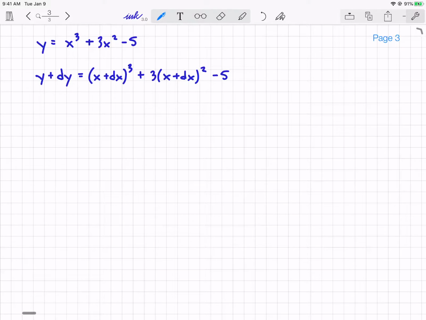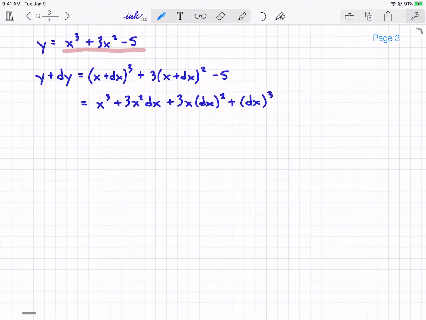Now I've got to expand the right side, and ultimately I should find x cubed plus 3x squared minus 5 in that result. So I get x cubed plus 3x squared dx plus 3x dx squared plus dx cubed. You notice these dx squareds and dx cubes are quite small, because when you square an infinitesimally small unit, it gets even smaller.